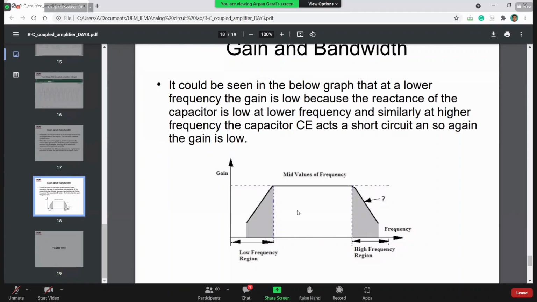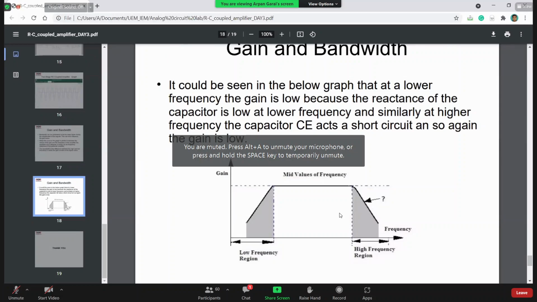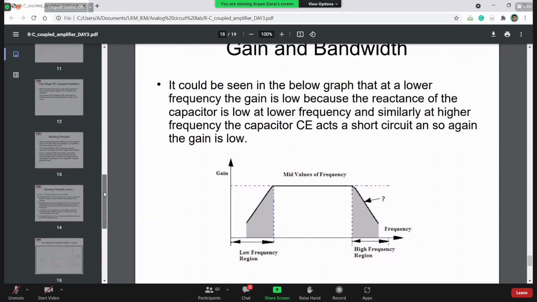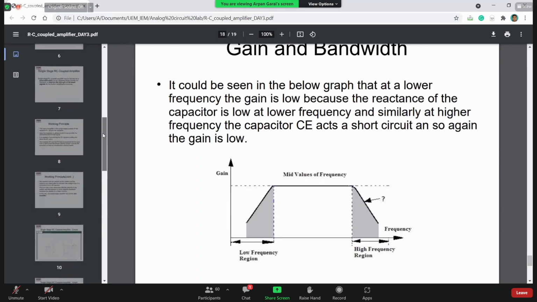But this mid-value frequency range is very wide, from 50 to 20,000. From 0 to 50 it is increasing, and from 50 to 20,000 the mid-value frequency portion is very high. That is why it is described like that.